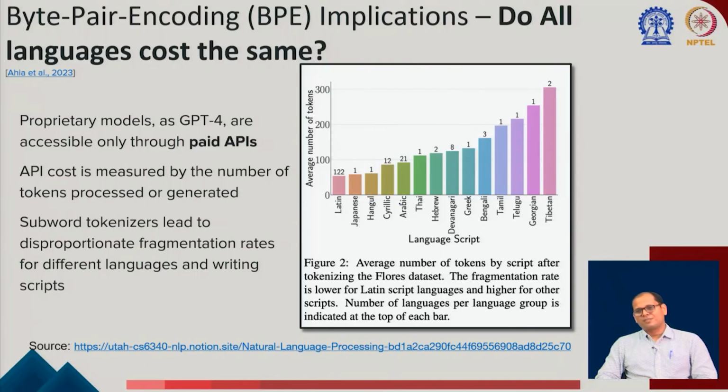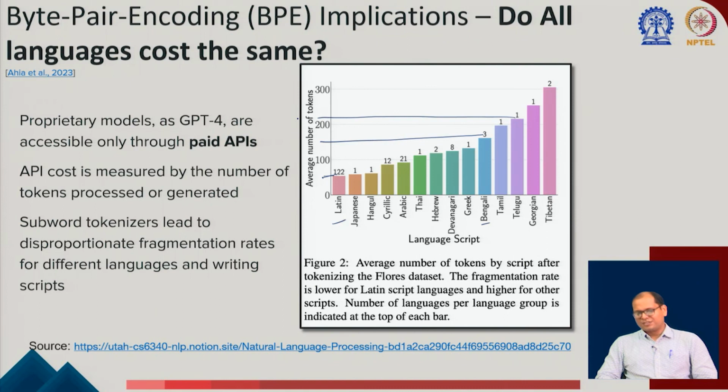Another implication is on cost, because with all these closed source models, you pay token-wise when you generate. If in a language, for the same amount of data, you are using multiple times more tokens, you have to pay more, right? Here's an example from this paper. They did some analysis: if you're using Latin script, what is the average number of tokens for the same data? It's much smaller than, say, using Bengali, where we are using more than double the tokens. Telugu, roughly 3 times the tokens. That means if you are using the same sentence in Telugu, you would have to pay triple the cost.